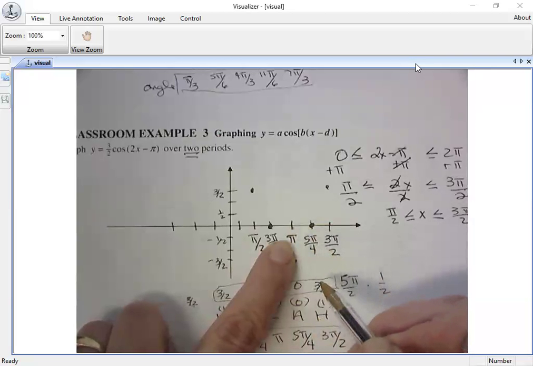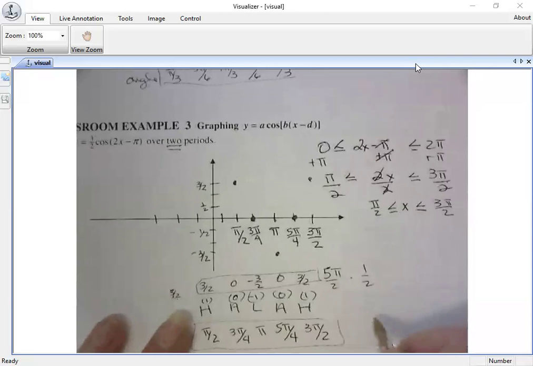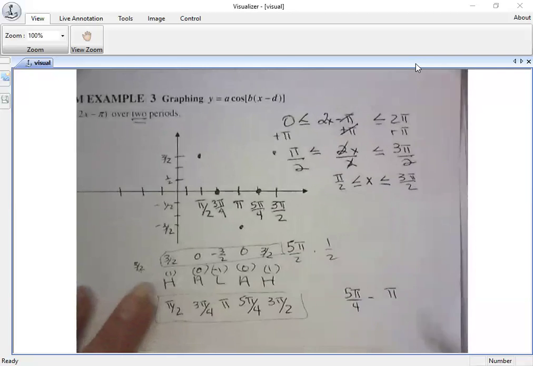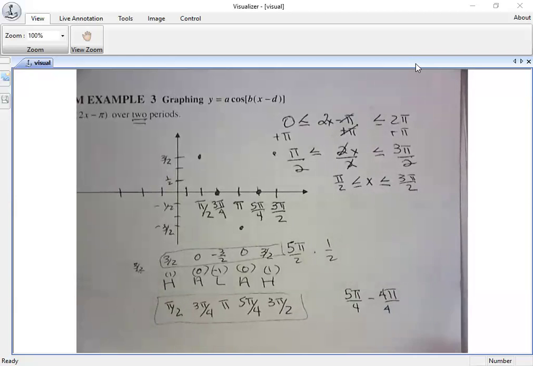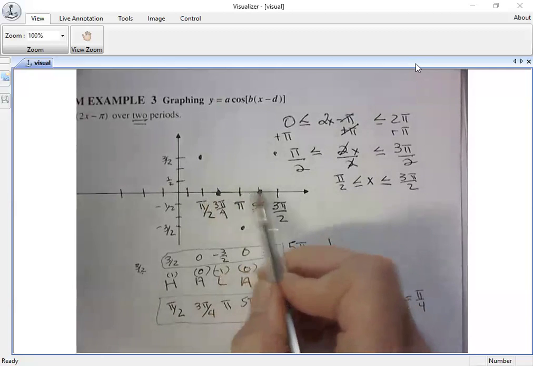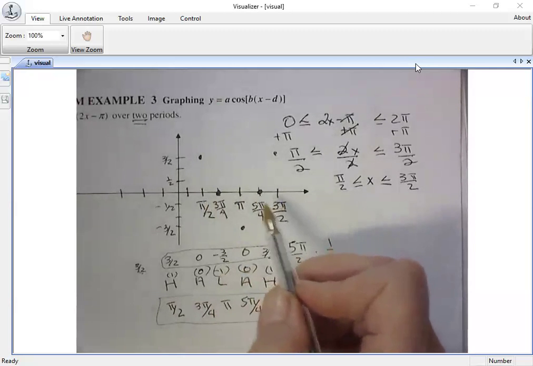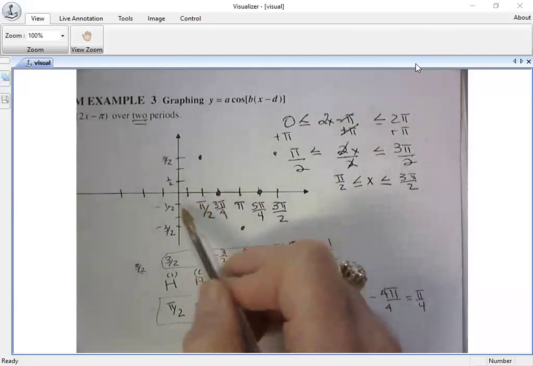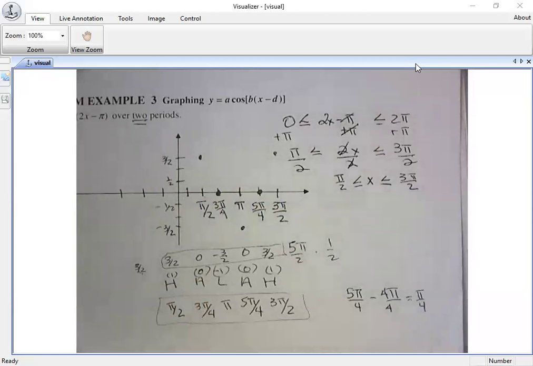In other words, if I were to take 5 pi/4 and subtract pi from it, and I know I need a common denominator of 4, so I multiply that by 4/4, that's a difference of how much? 5 pi minus 4 pi is 1 pi. So pi/4 is how much we had to add to get to the next unit if we had wanted to do it that way. I could also subtract pi/4 each time to get to another unit if I wanted.